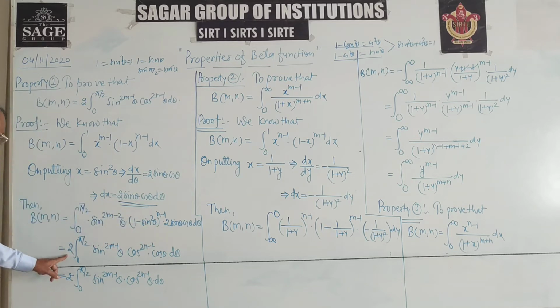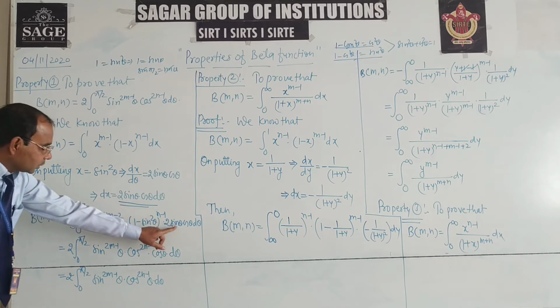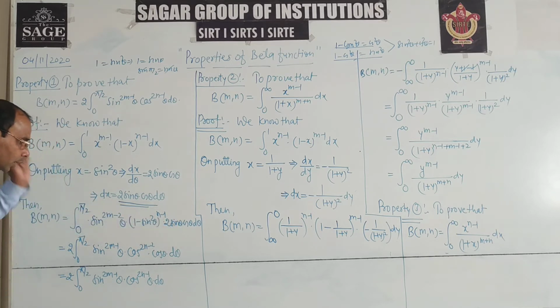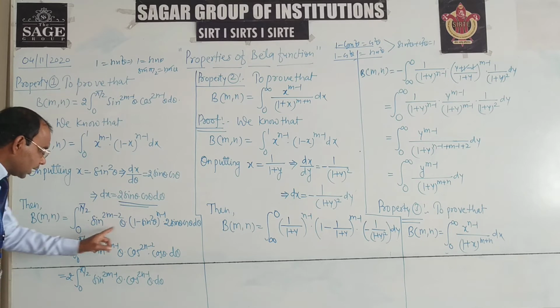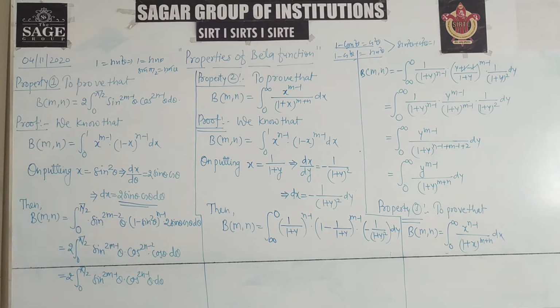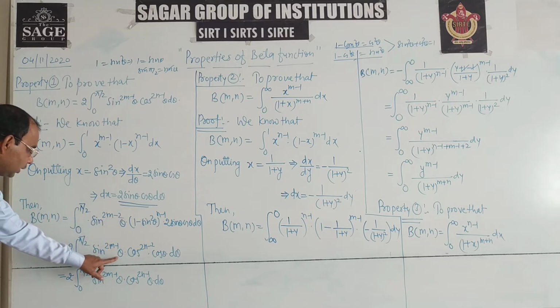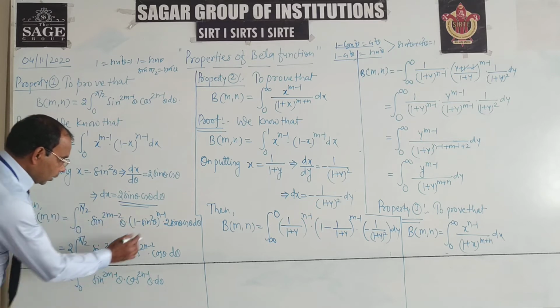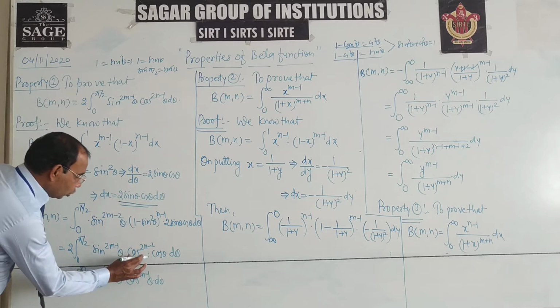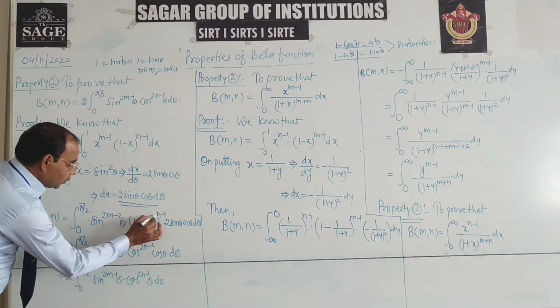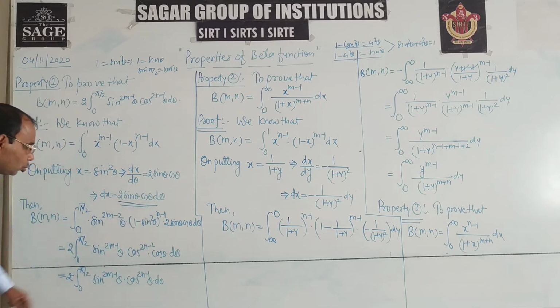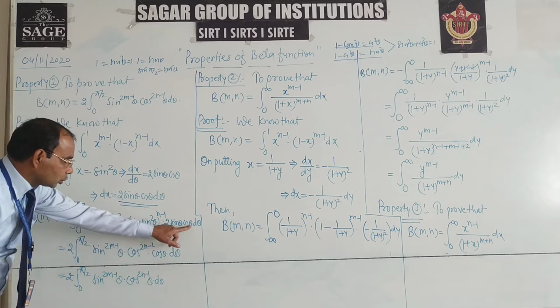Therefore 2 times the integral from 0 to pi by 2 of sin^(2m-2) theta times sin theta, where the bases are the same, so the power is 2m minus 2 plus 1, which is 2m minus 1. Then 1 minus sin square theta is cos square theta, and the square multiplied by n minus 1 gives cos^(2n-2) theta times cos theta d theta.